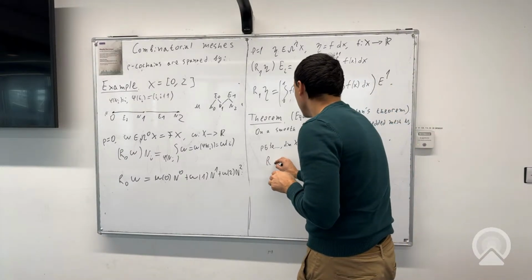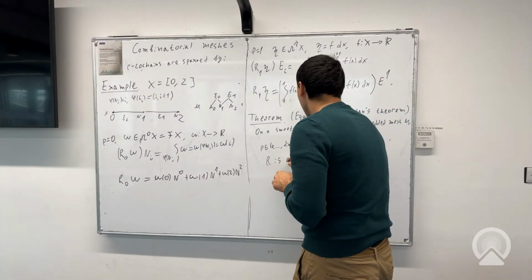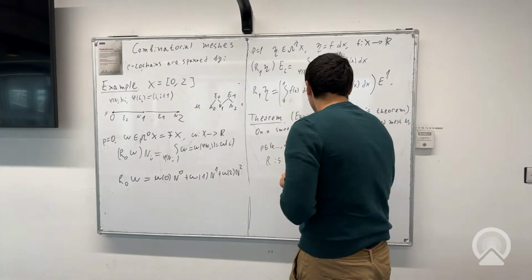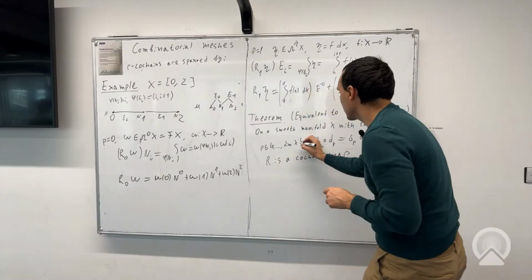So R is a cochain map, and this is 2 minus 1.